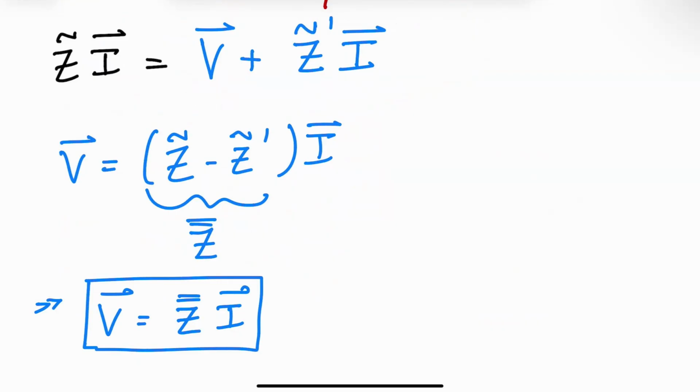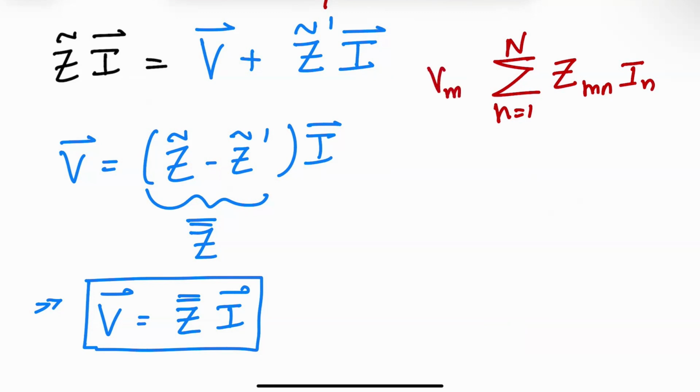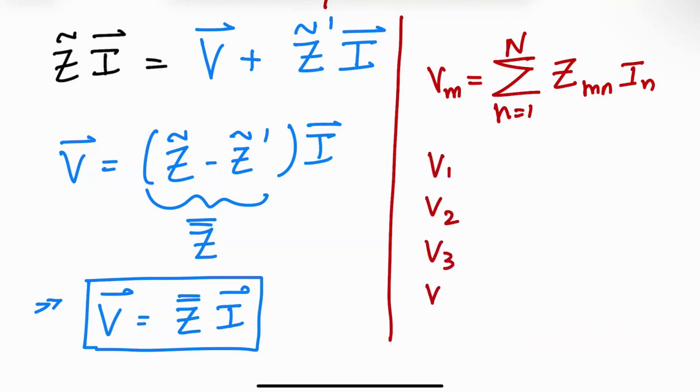Maybe I should explain this a little better. If I have the summation n equal to 1 to N of Zmn In equals Vm, then this is nothing but a matrix equation. I have V1, V2, V3, V4, and so on equal to Z11 I1 plus Z12 I2, and so on.